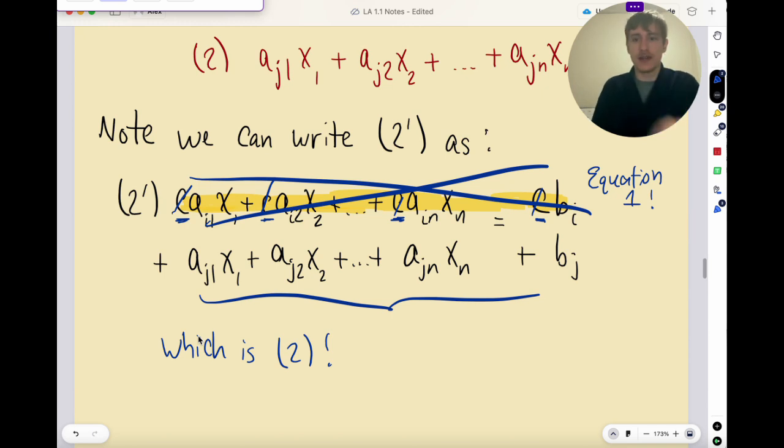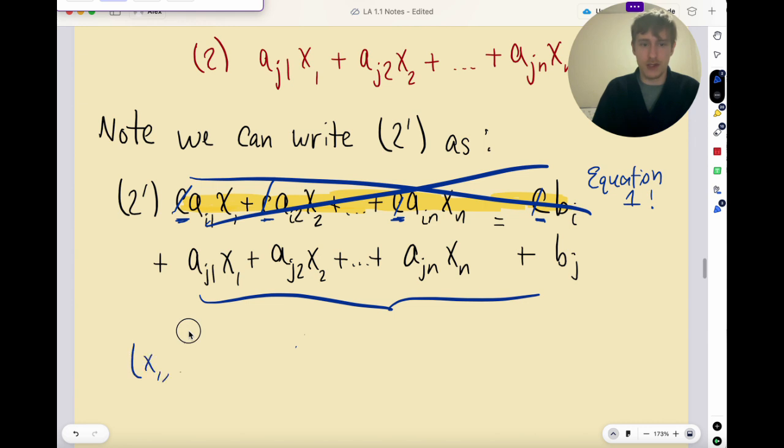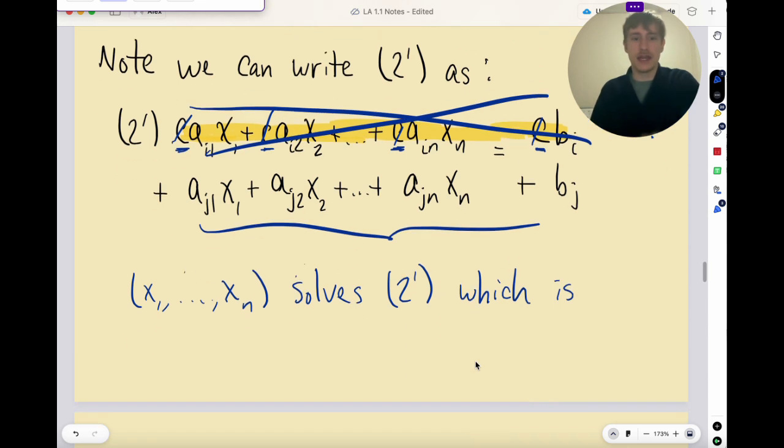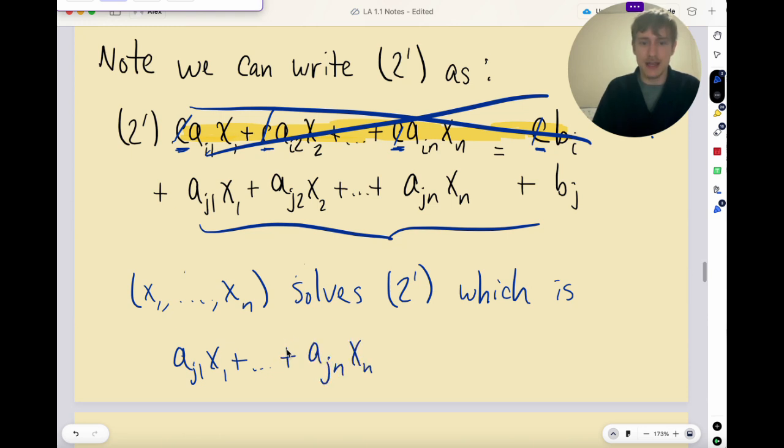Okay, so just to summarize here, after we plug in for 2 prime and rewrite it, we can cancel out the part that looks like equation 1, and then we get that x1 through xn has to solve 2 prime, which is actually aj1 x1 plus yada yada yada plus ajn xn equals bj, which is equation 2.